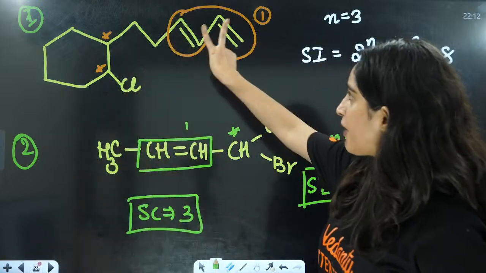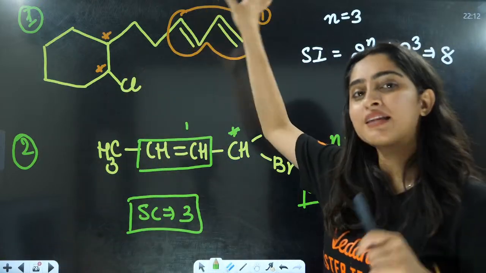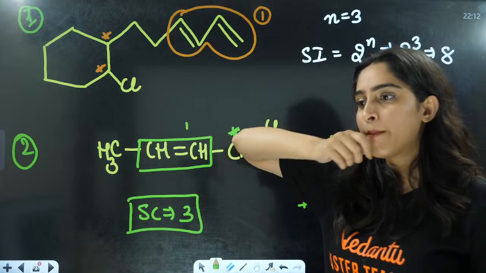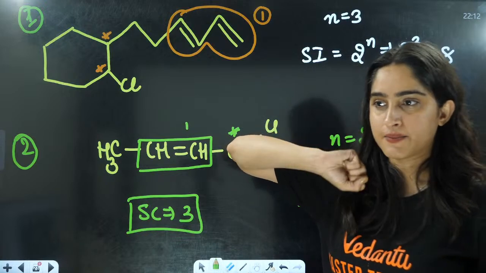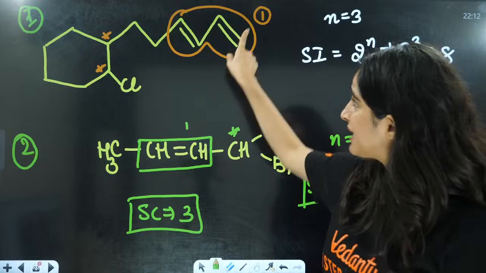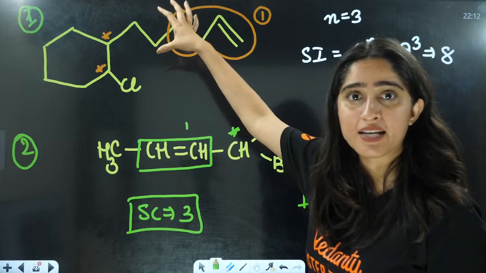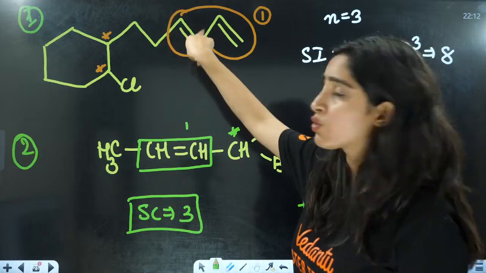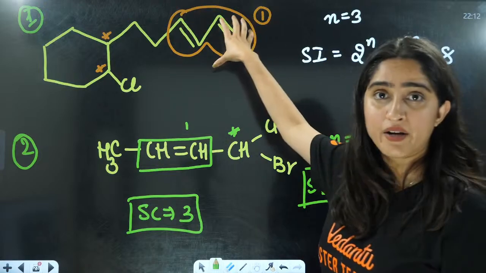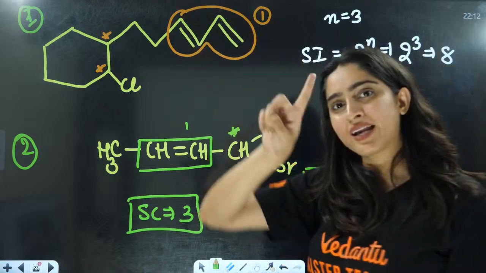If they have considered this as 2 double bonds, in that case, what will change? In this, only this one shows geometrical isomerism. This does not show geometrical isomerism, so this whole is going to be taken as 1.